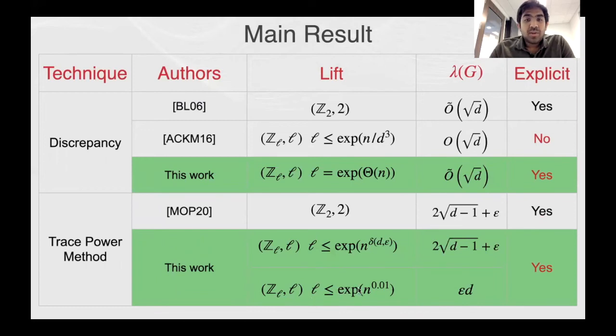Whereas if you want to lift all the way to an absolute constant, then we lose in parameters and get a bound of epsilon d, but which is still good enough to get expanders. All right.